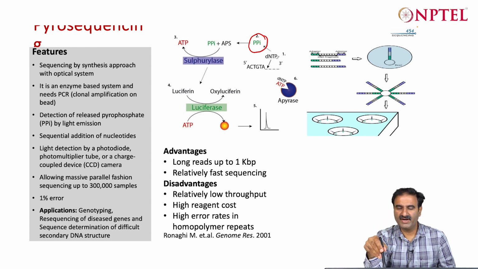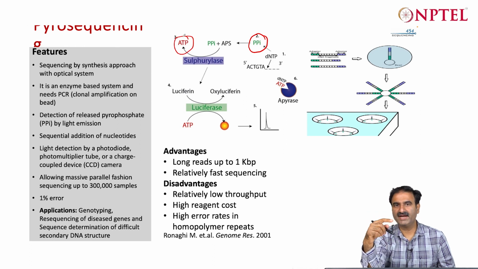Whenever one dNTP, it could be any nucleotide A, T, G or C, is inserted into the sequence, the reaction releases a phosphate, and that is why it is called pyrosequencing. Using this phosphate with APS, by the enzyme sulfurylase, it can be converted into ATP. So for every nucleotide that is inserted, we can detect it by the generation of an ATP.